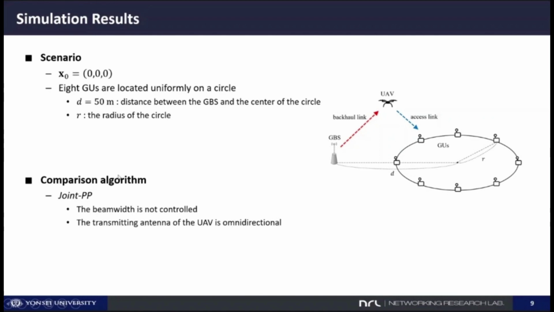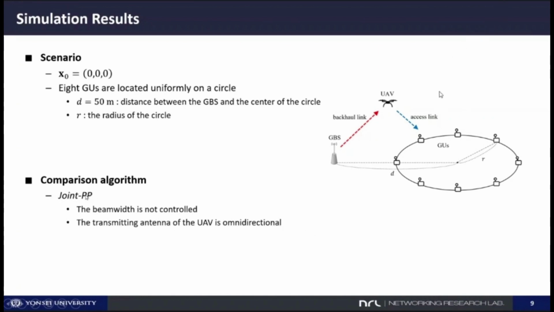And as a comparison algorithm, we just optimize the placement and power, so the beam width is not controlled. Specifically, the transmitting antenna of the UAV is assumed to be omnidirectional.